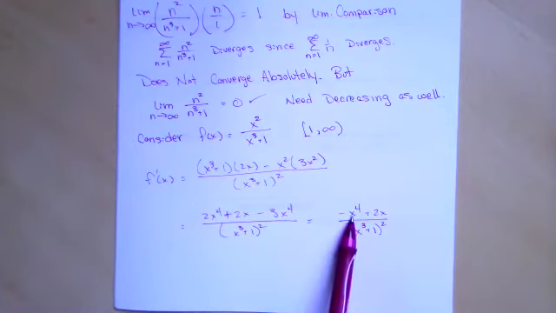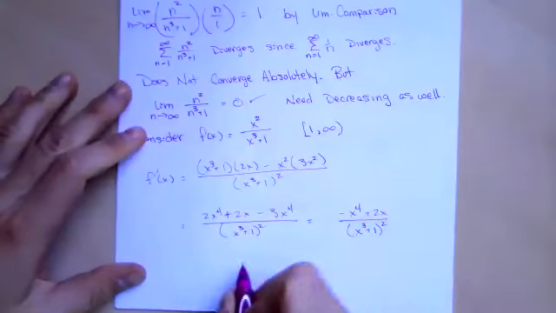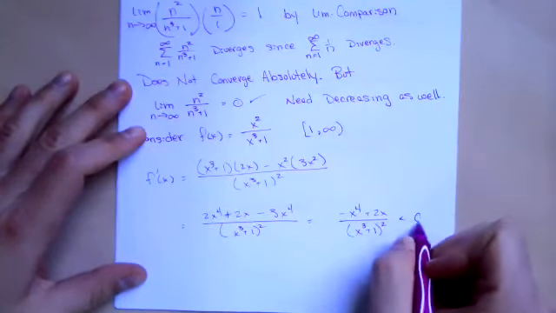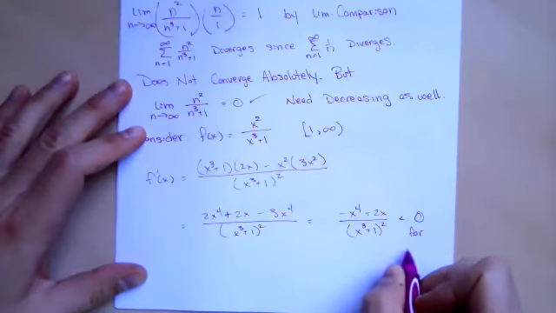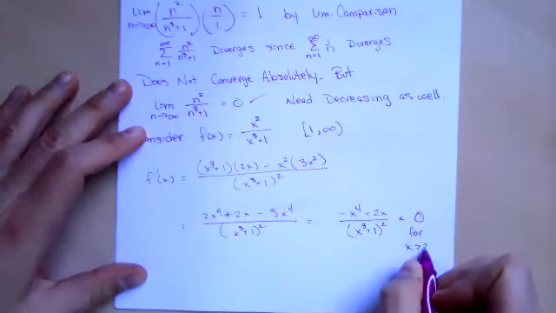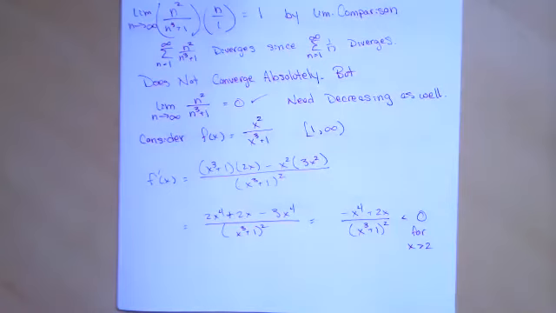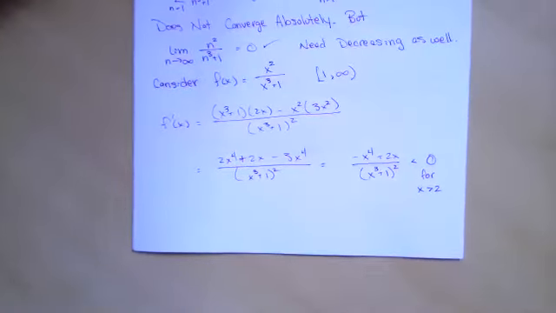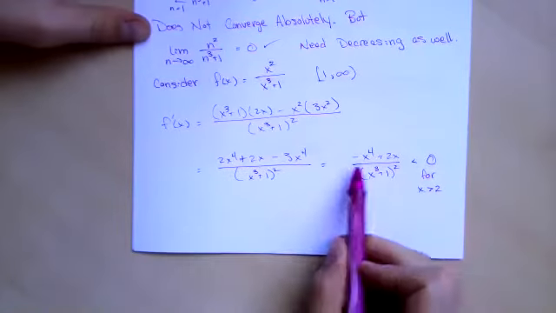If I plug in 2, however, this will be negative for x bigger than 2. Everyone with me on that, or do you want to see me spell that out a little bit better? Probably going to need you to spell that out. Yeah, I think I went through that. Things happen in my brain because I do math all the time. So let's see what's going on there.